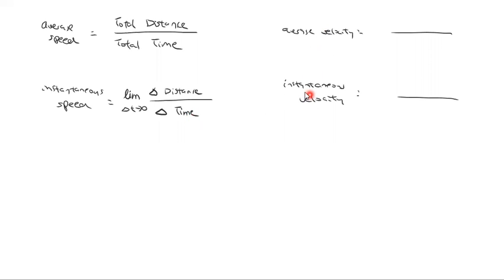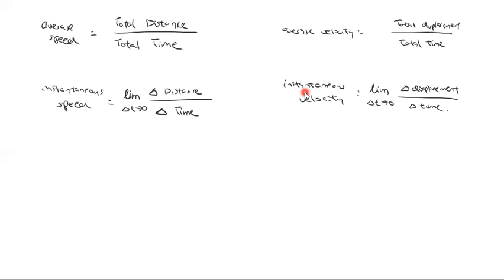And average velocity and instantaneous velocity are basically the same idea. So average velocity is the total displacement over the total time. And the instantaneous velocity would therefore be the change in displacement over change in time, but as the limit of delta t approaches 0.